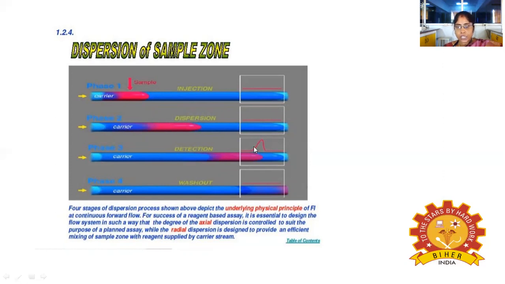Then once it has been detected, the value is given as a peak value, which is used to determine what type of chemical is present in our sample. Once the analysis is done, the waste can be washed out or it can be recycled back for your FIA analysis.